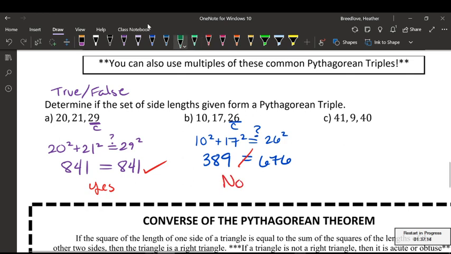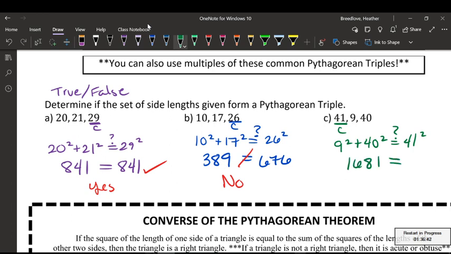And then the same thing with the last one. 41, 9, 40, so 41 is C. Make sure you find the correct value for C. Does 9 squared plus 40 squared equal 41 squared? 9 squared plus 40 squared is 1,681.